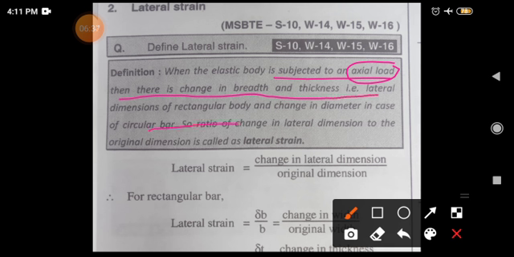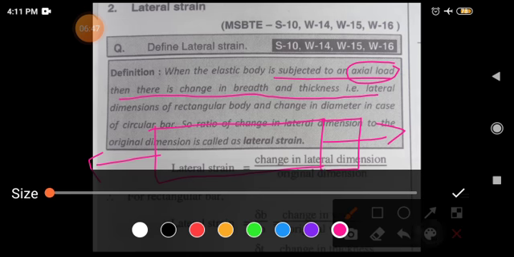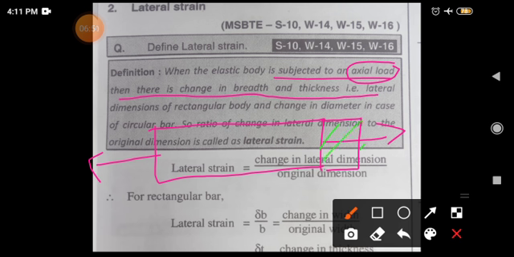In the previous example we studied the change in length in only the axial direction. This much part we have studied, this was the change in length, that is linear strain or longitudinal strain. But on account of this expansion there will be a decrease in the thickness of this rod.